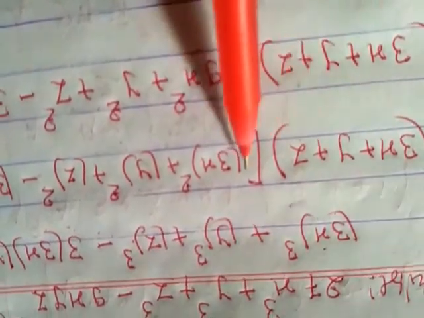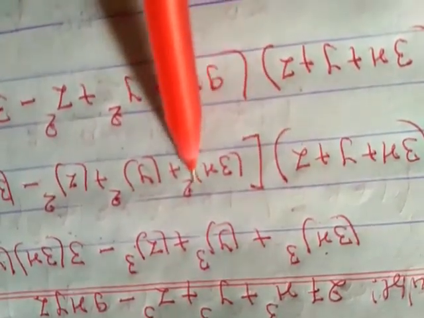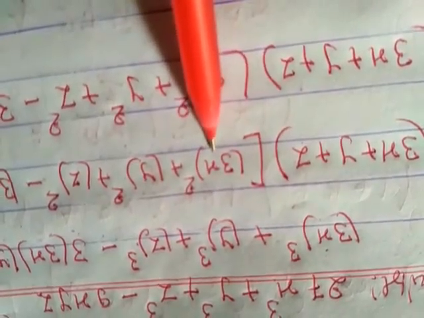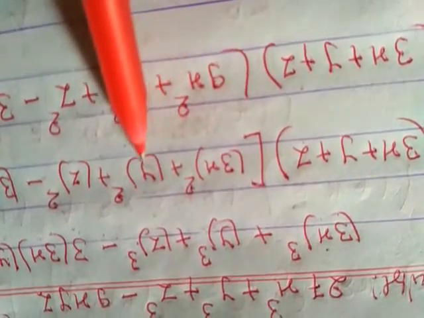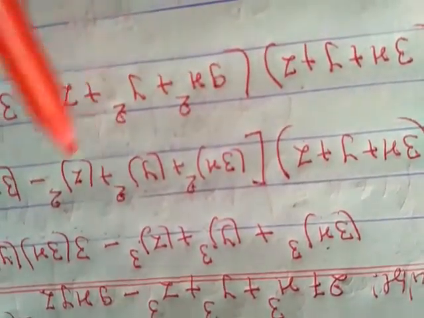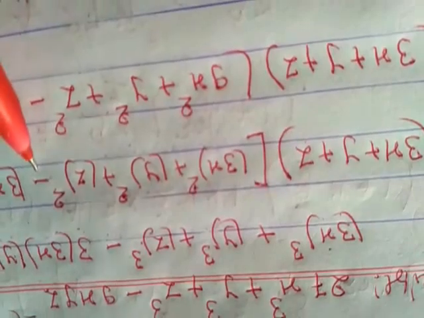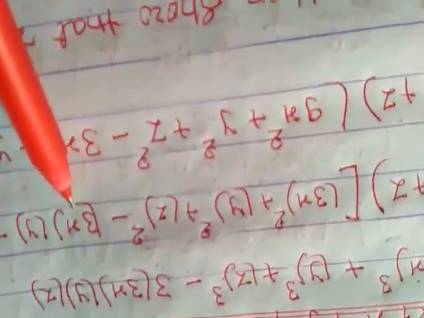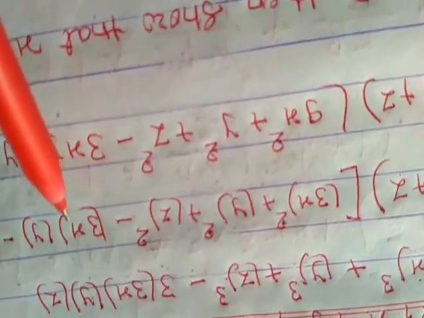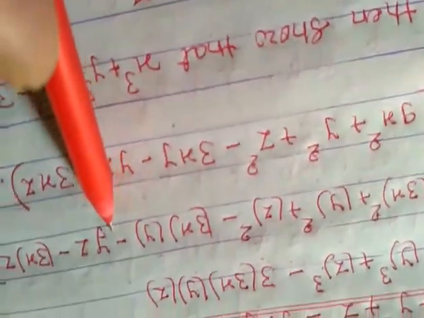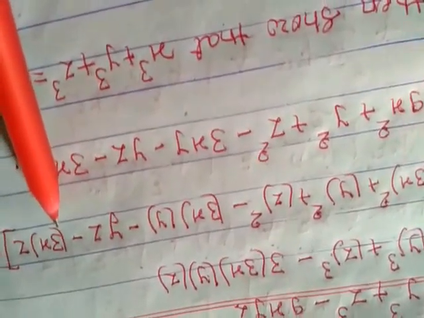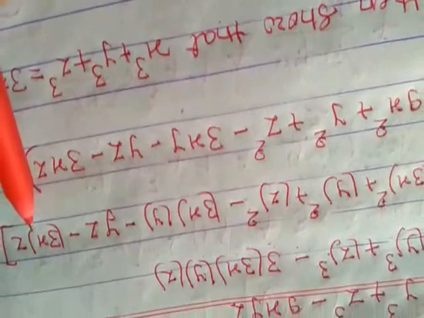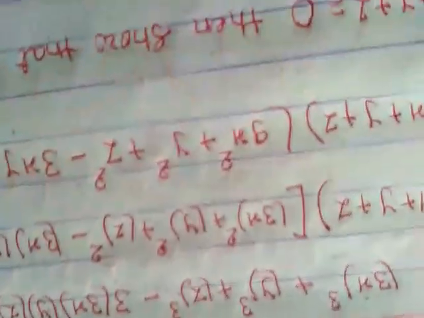Then in place of x square write 3x whole square plus y whole square plus z whole square minus xy. Here the value of x is 3x, so substitute 3x into y minus yz minus xz, and write 3x into z in place of x into z.